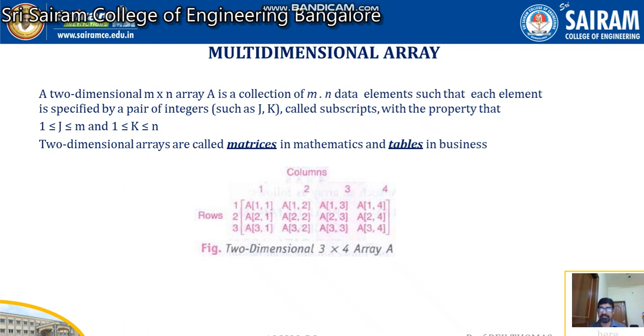We call them subscripts, and two-dimensional arrays are called matrices in mathematics, and tables in business. This is the way we store it. So we have rows and columns, and it's a three cross four matrix, and how it is stored: a of 1 1, a of 1 2, a of 1 3, a of 1 4, which has column numbers and row numbers.